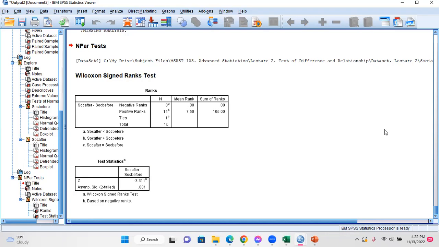Sige, dinner muna, after na lang sa Kruskal-Wallis. And then mag-Pearson R. Anong gusto nyo na break? 30 minutes or 1 hour? 30, ma'am. 30 minutes.